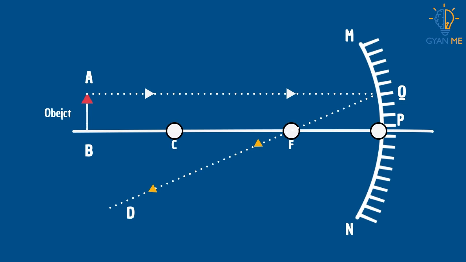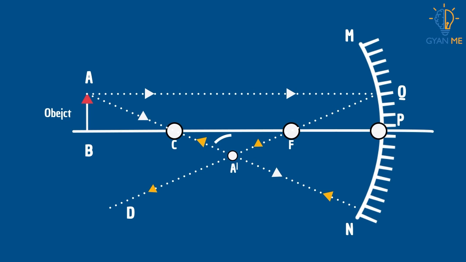Draw another incident ray AN passing through the center of curvature C. It will get reflected back along the same path as NC. Students, we can see it cuts the reflected ray QD at point A dash. Thus, the image of A is formed at A dash.